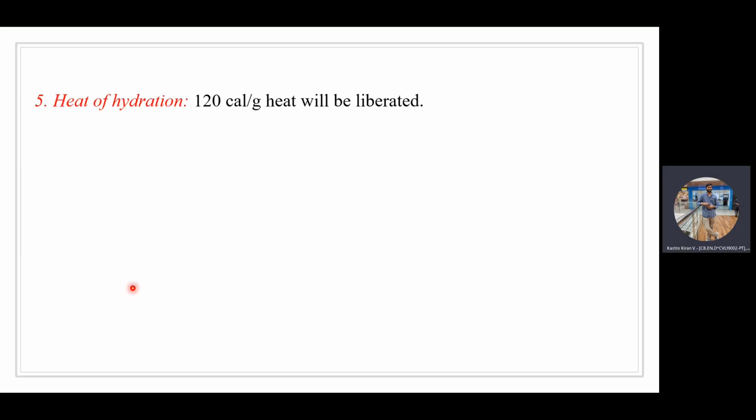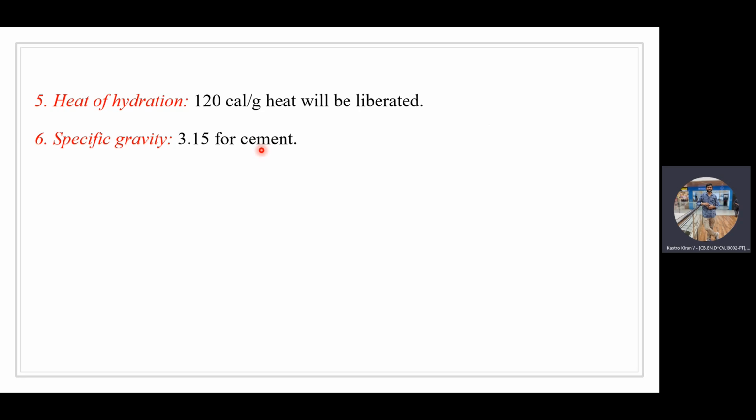And the next one is heat of hydration. This is what we have discussed so far. Usually 120 calories per gram of heat will get liberated. And the last property is the specific gravity of cement, which will be approximately 3.15 for ordinary Portland cement. The specific gravity changes based on the type of cement we are using.